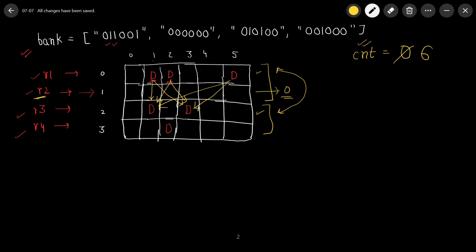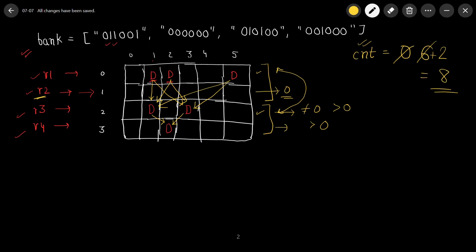Here also both the rows have greater than zero devices, so beams would definitely exist between R3 and R4. From here it can go here, and from this D it can go to this D. So we got two new beams. The count becomes plus 2, which is 8. So this would be our answer.